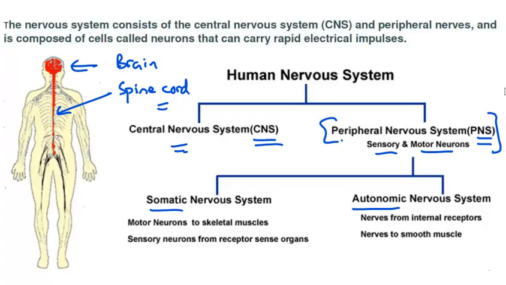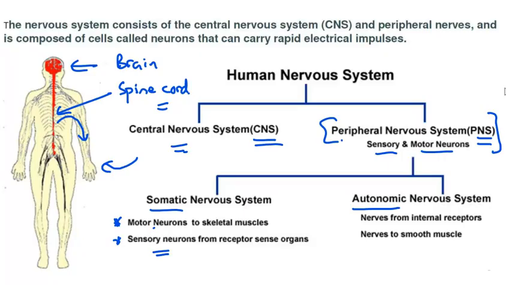So autonomic is self-explanatory in the sense that it's the automatic features which we are not consciously deciding, such as the contraction of smooth muscles in the gut or in our blood vessels. But over here we've got the motor nerves and the sensory neurons of the somatic system, sensory neurons delivering information coming into our central nervous system, and motor neurons delivering instructions to muscles for our response.